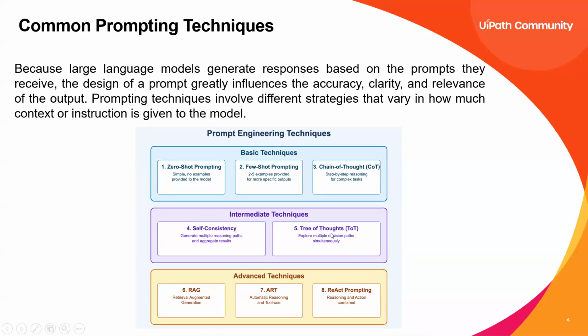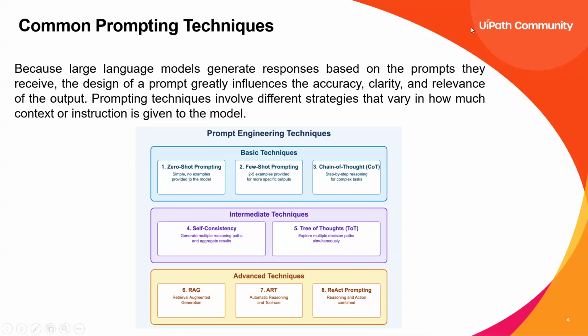Here we don't use intermediate and advanced techniques in agent automation, but just to know: for intermediate techniques, we have self-consistency and tree of thoughts. For advanced, we have RAG. I think you're mostly familiar with RAG. Basically, you have context of your own, and you make the LLM not go away from that context.